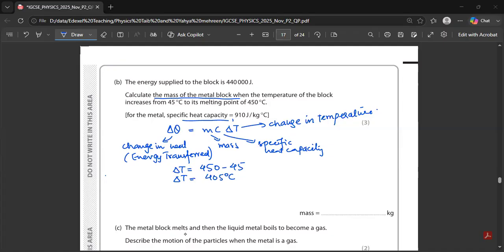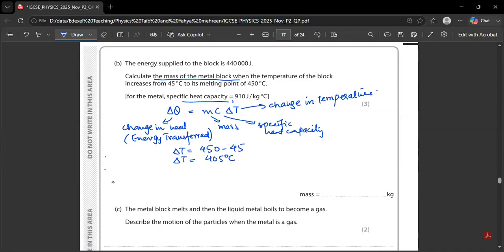Now, since we already know how much heat is supplied, which was 440,000 joule, we can make m the subject: m equals delta Q over c delta T, which is 440,000 divided by the specific heat, 910 joules per kilogram per degree Celsius, times 405.